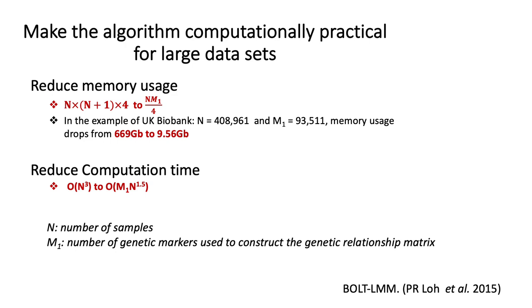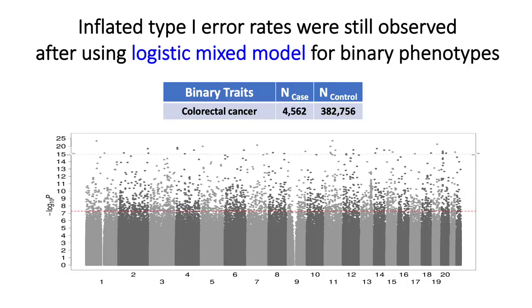We have successfully reduced the computation memory from more than 600 gigabytes to less than 10 gigabytes, and the computation time becomes nearly linear as the sample size increases. The program optimization allows us to apply logistic mixed model for binary phenotypes in the UK biobank.